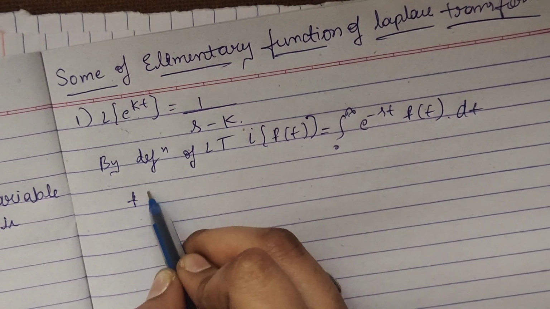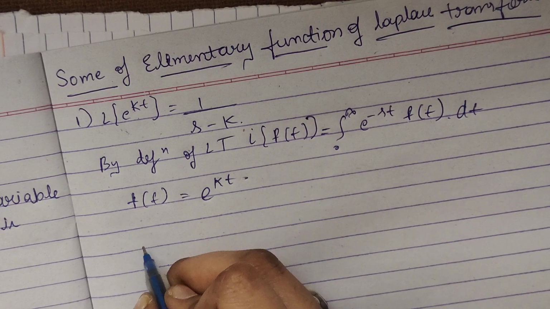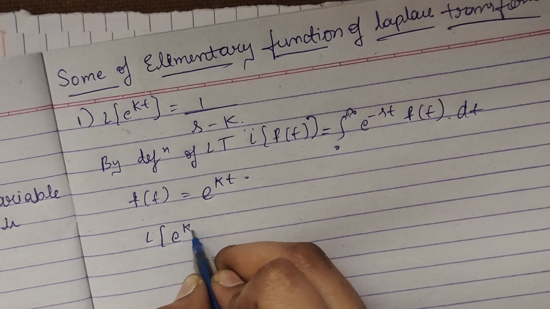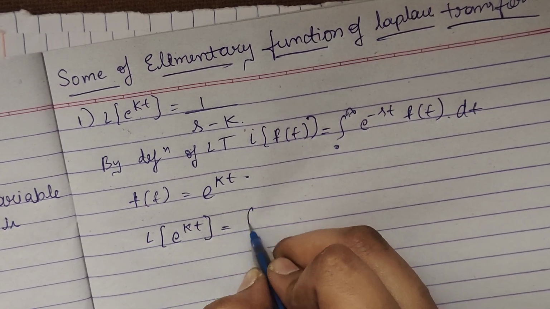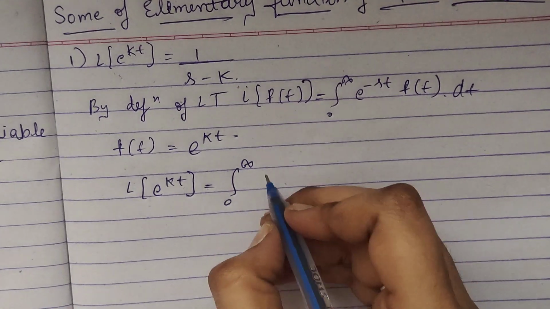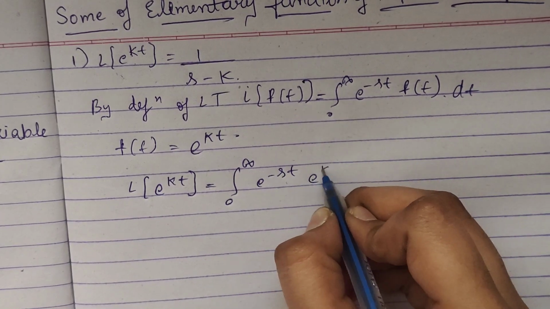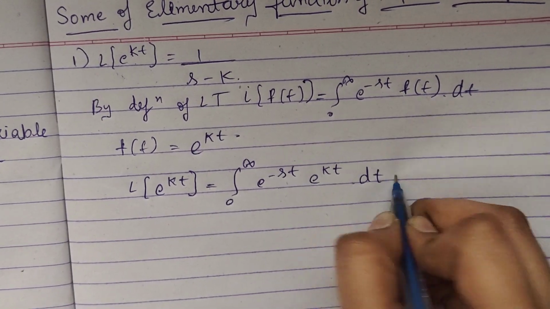Here f of t is replaced by e power kt. Therefore L of e power kt is equal to the integration over 0 to infinity of e power minus st times e power kt dt.